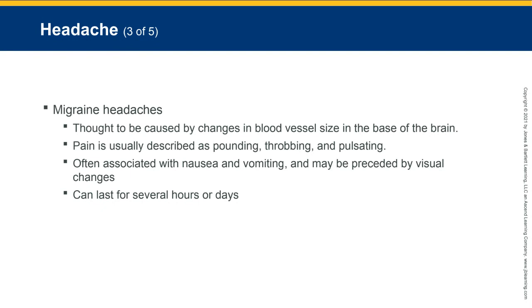They might tell you that the pain is on one side of the head. Some might tell you that it starts around the eyes and then spreads out. It is often associated with nausea and vomiting, and it may be preceded by visual changes. It can last several hours or days.